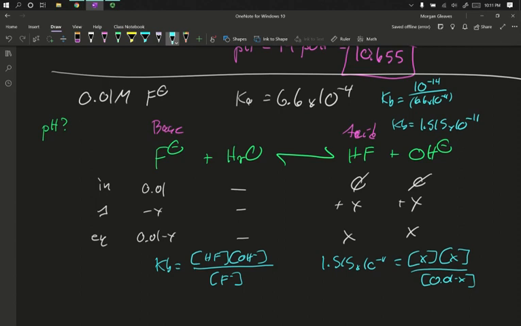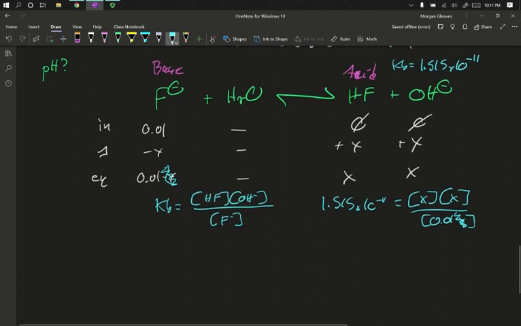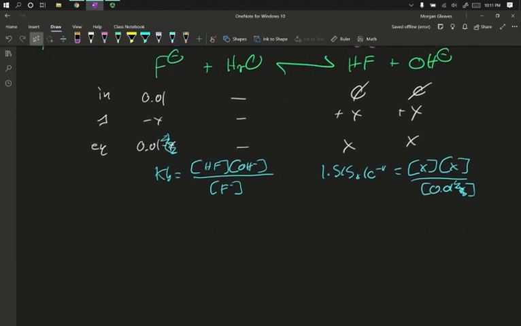Kb is really small, so likely minus X isn't going to significantly change our value, so we can remove it to simplify so we don't need the quadratic. 1.515 times 10 to the minus 13 will equal X squared. X will equal 3.893 times 10 to the minus 7.